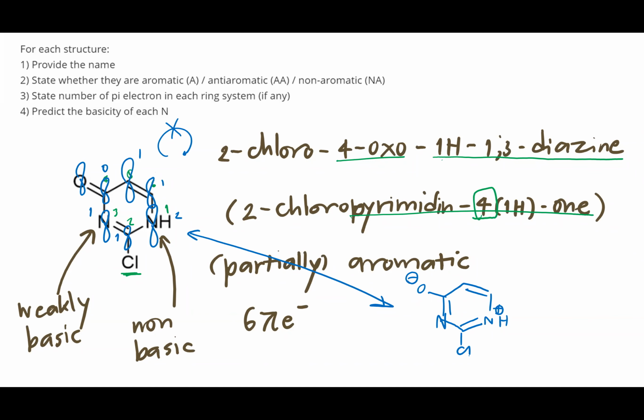The two characters will be combined, and if this is more stable, then the real molecule will have more coefficient, and then it will have more character of this. But anyway, this one has 6 pi electrons, and it can delocalize.